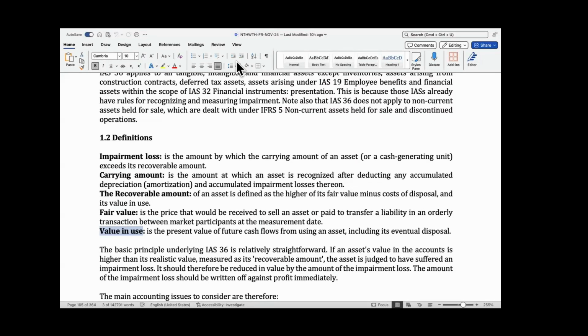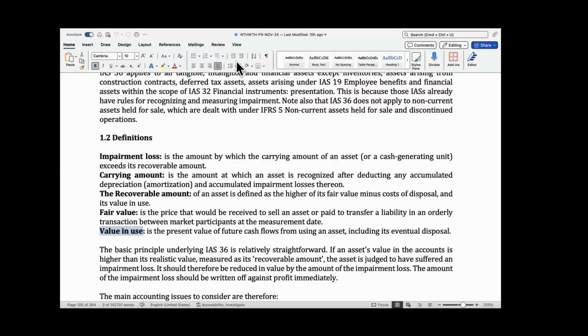Because why would you record the value of your asset as 20 million, when what you can recover, either from selling or from continuing to use that asset, is 16 million? What you can gain, whether you sell the asset today or you continue to use this asset, the maximum you can get is 16 million. But in your books, you are carrying it at 20 million. You are overvaluing your asset. We don't want that.